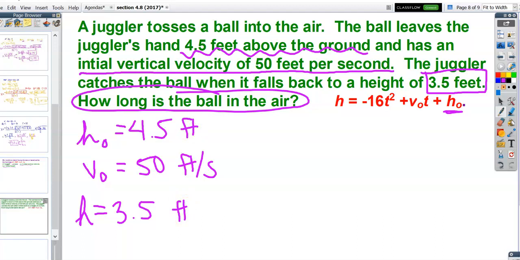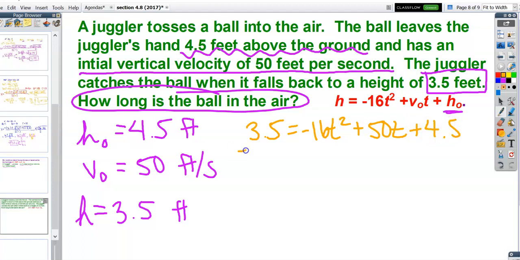So now let's substitute these values in. H equals 3.5. Negative 16t squared plus 50t, because v sub 0 equals 50, and then plus 4.5, because our initial height was 4.5 feet.